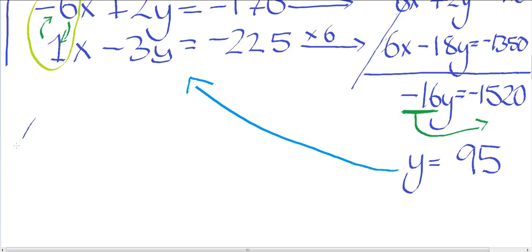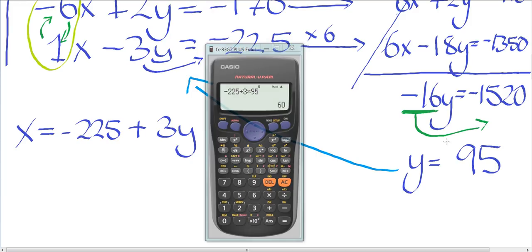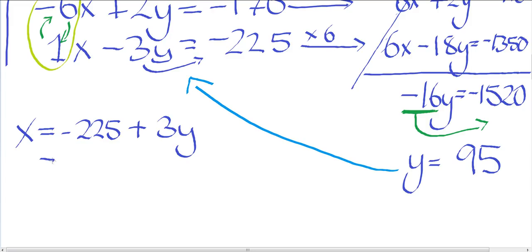So we have x, and I'm going to take that because I'm subbing in the y, so just throw it to the other side, equals minus 225 plus 3y. Go to the calculator and sub that in. So I'm going to have minus 225. Whoops, every time I press minus, that's going to happen. So if you know you're about to press minus as the first thing, just clear the screen first. Minus 225 plus 3 times 95, and I get 60.